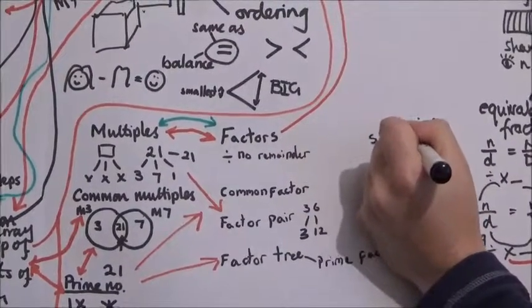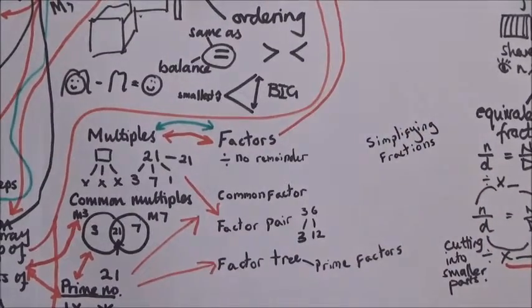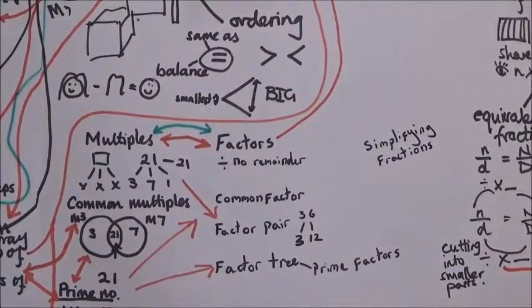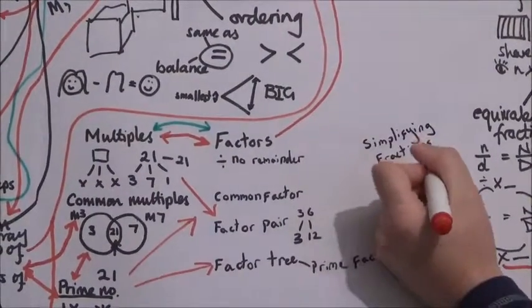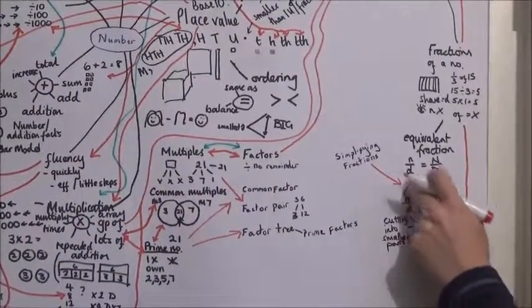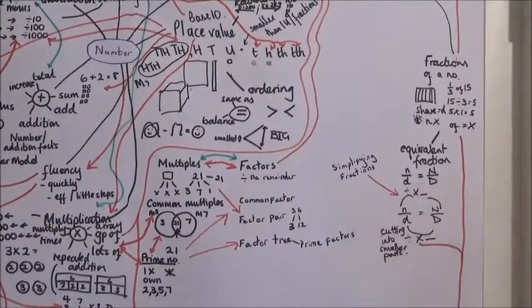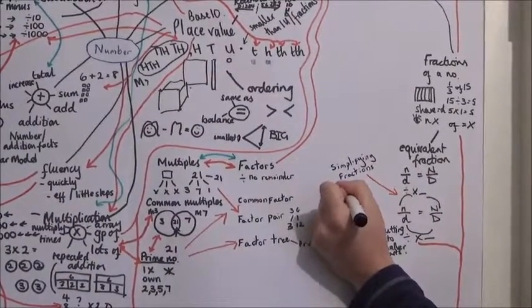And if you remember, simplifying fractions, actually I'm not going to need to write a massive amount here because what we need to do is really link this information to other information that we've had before. So I'm going to be linking it to our equivalent fractions here, because here we were dividing. I am going to write that simplifying fraction means a fraction in its simplest form.